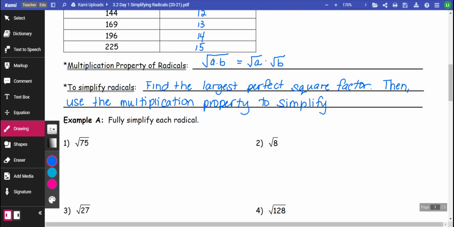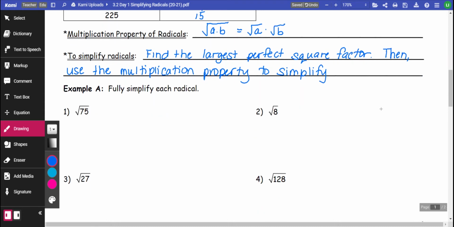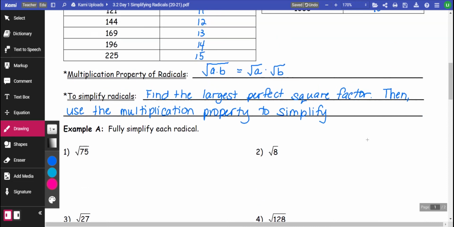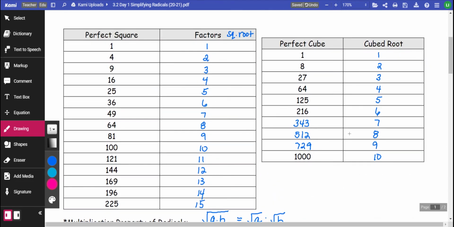Okay, so let's look at these examples to help us fully simplify the radicals. In example A, I have to fully simplify the square root of 75. I want to look at my perfect squares up above and find the largest perfect square that's going to divide evenly into 75. So it has to be anything from 64 and below.